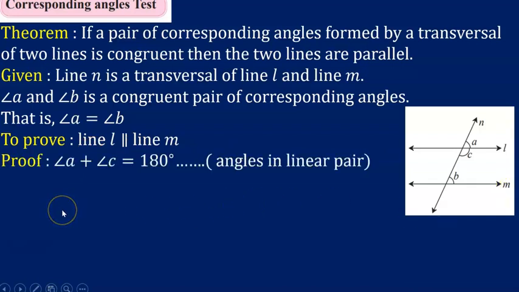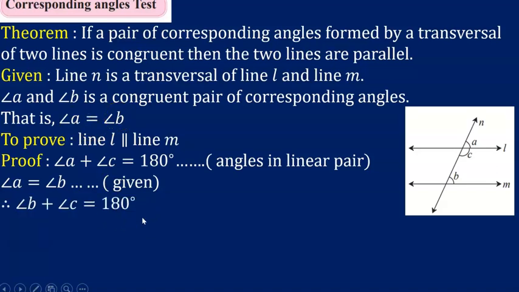Now see the proof. Again, the measure of angle A plus measure of angle C is equal to 180, angles in a linear pair. But we have been given that the measure of angle A is equal to the measure of angle B. Here again we are replacing the measure of angle A by B, and hence measure of angle B plus measure of angle C is equal to 180.